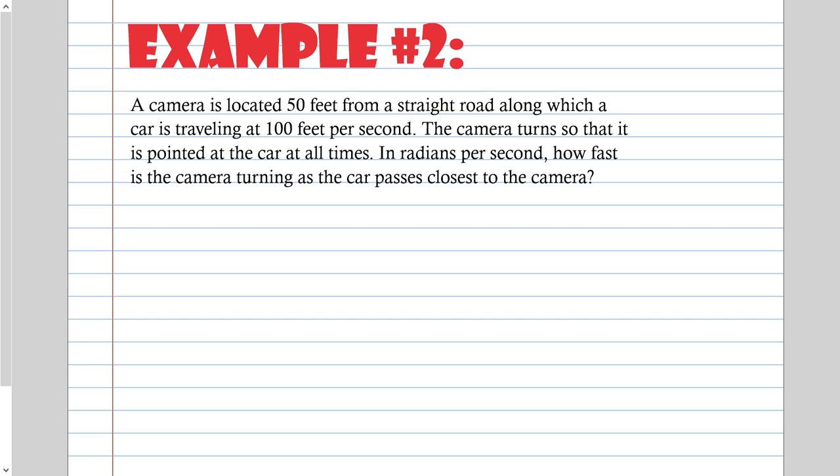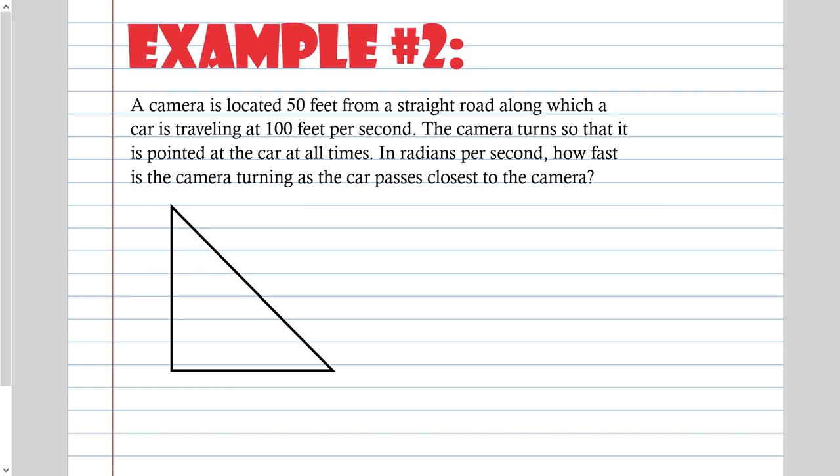Okay, example 2. A camera is located 50 feet from a straight road along which a car is traveling at 100 feet per second. Okay, so I'm going to make another triangle. So here's my triangle. And so there's a car traveling. The camera is located 50 feet from the straight road.